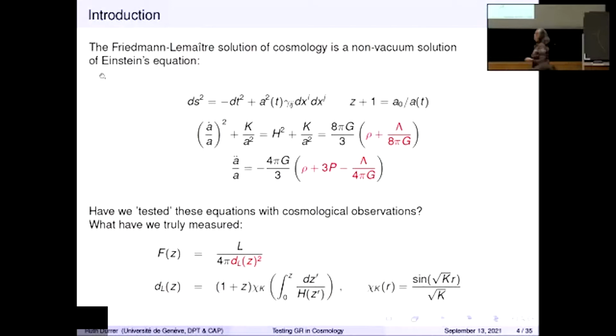So in other words, if I measure the flux from many, many objects of which I would know the luminosity, I could measure this function. And therefore, if I measure this function for many different values of z, I can take its derivative and measure H of z.